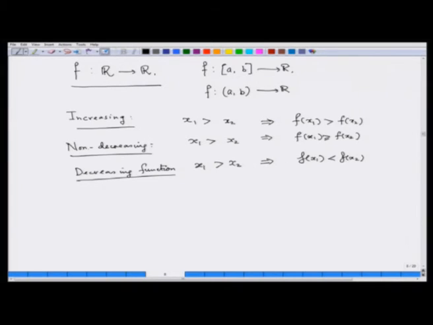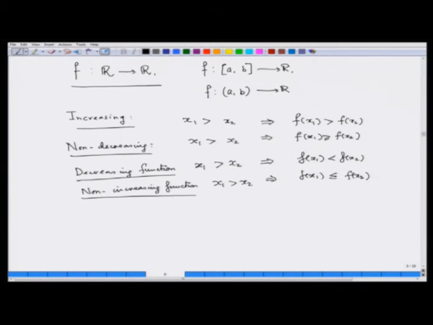In a similar spirit to the non-decreasing function is the notion of a non-increasing function, and we will see how derivatives have a role in understanding these types of functions. So, whenever x1 is strictly bigger than x2, it will imply that f of x1 must be less than or equal to f of x2.